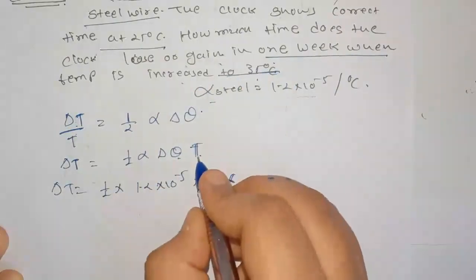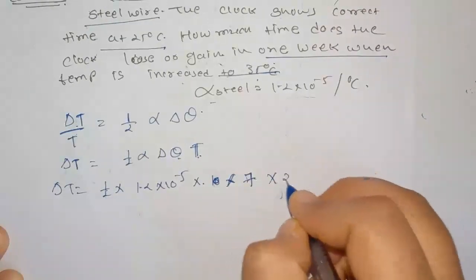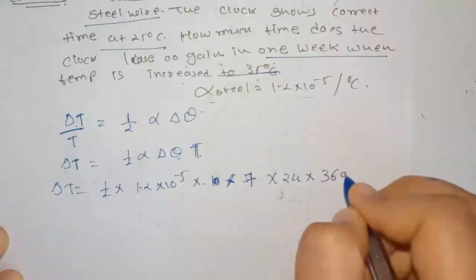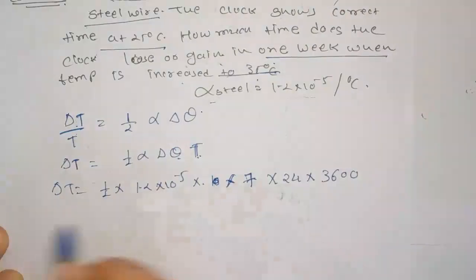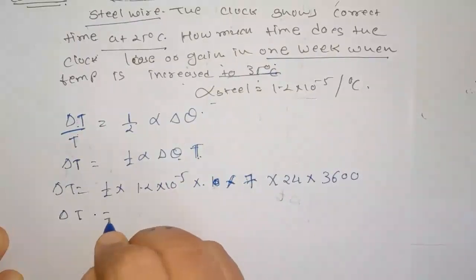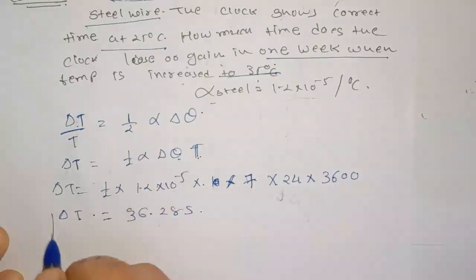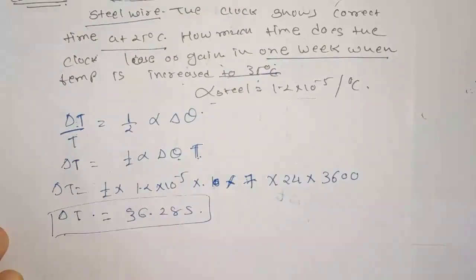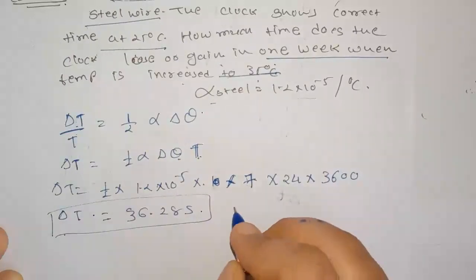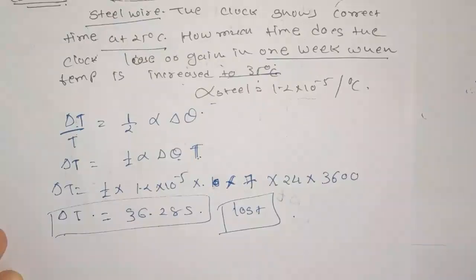So time in 1 week will be 7 days into 24 hours into 3600 seconds. Solving this, we will get delta T is equal to 36.28 seconds. Your delta T is positive, that means the time is lost.